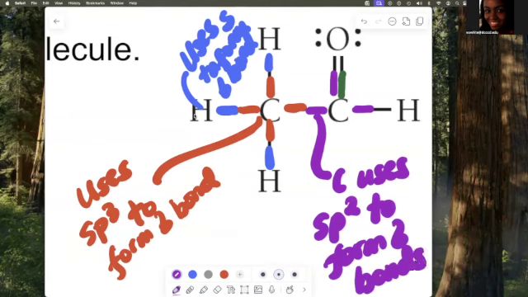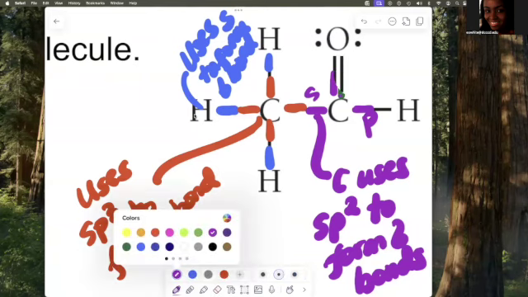It's going to be s, p, p. To form all the first bonds, it uses sp2 hybrid orbitals. Let's see what it uses for the green bond. That's going to be the unhybridized orbital, the pi bond.